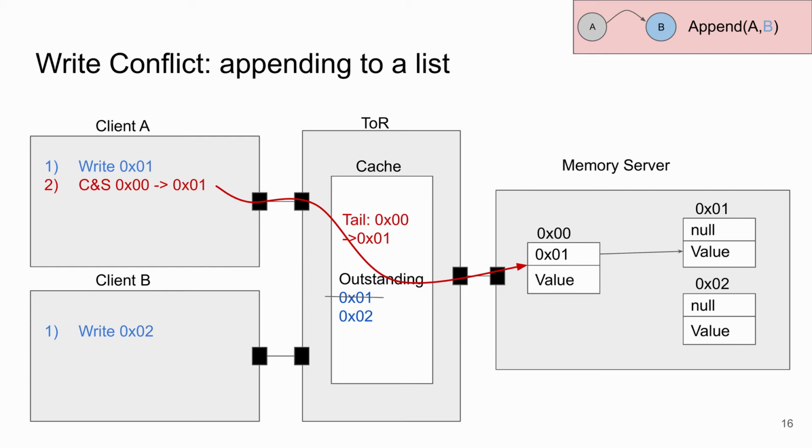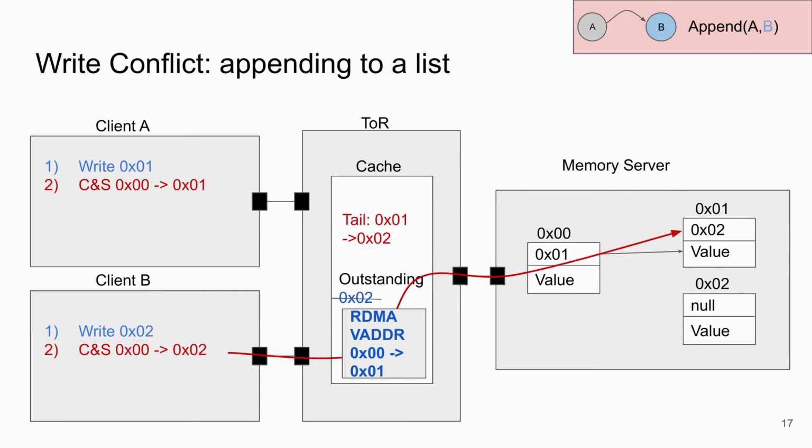Okay, here's where the magic happens. Client B issues its same compare and swap, again, pointing at 0, and assuming that it's going to be appending from the root. But again, it's late. This time, however, when it reaches the TOR, the TOR can tell that it's targeting the wrong location because it knows that it's not writing to the tail anymore. And so this is the true manipulation.